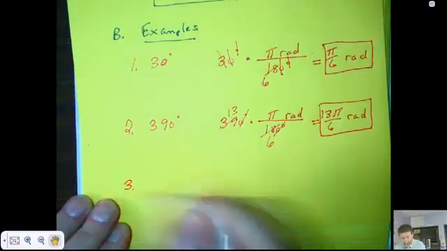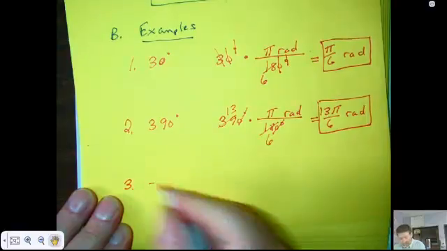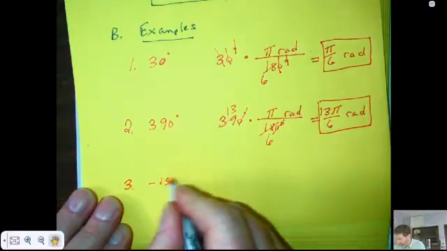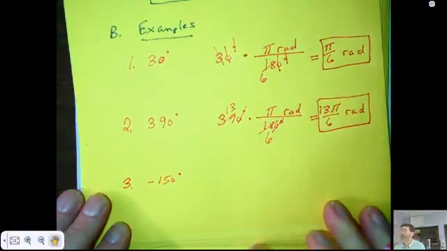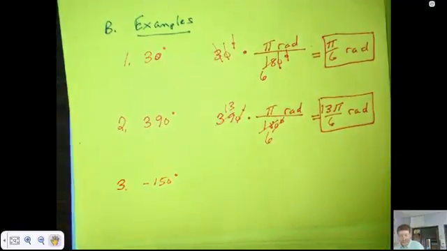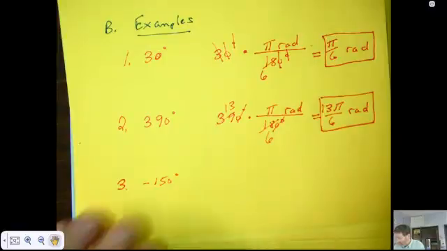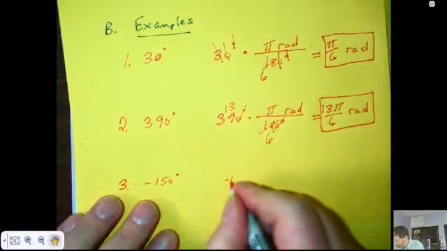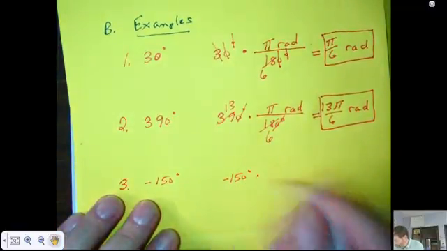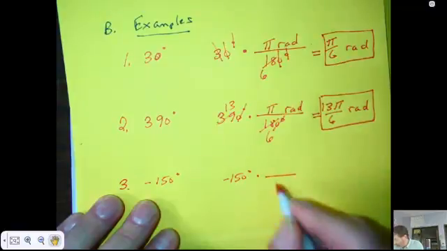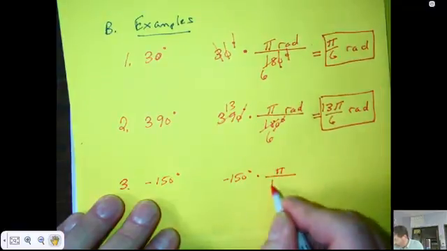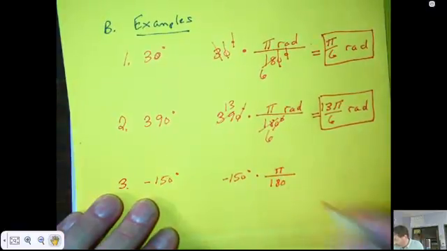Let's see. Number 3. Negative 150 degrees, right? Because now we're on the coordinate plane, we can have positive or negative angles. So, negative 150 times pi over 180.